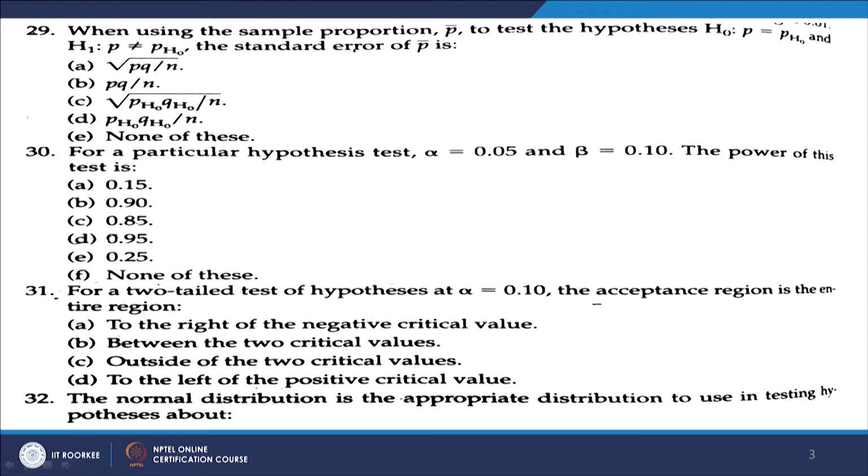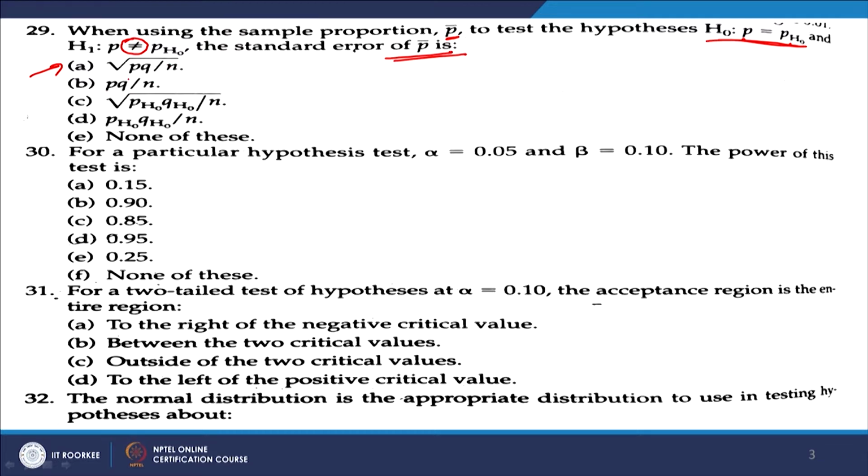When using the sample proportion p bar to test a hypothesis where the null hypothesis is p equal to p h naught and the alternative hypothesis is not equal to, the standard error of the sample proportion is what? Is it under root of pq by n?